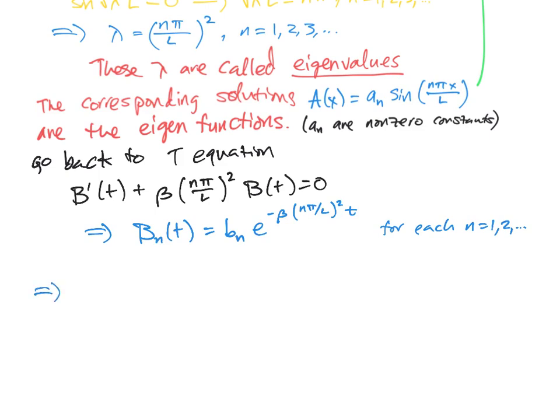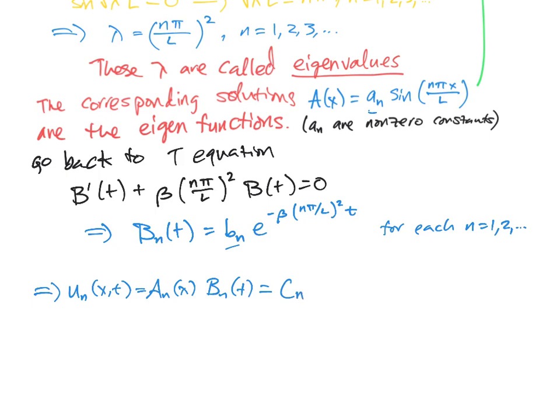Now, that gives us a solution un of x,t for each n, which equals an times bn. And we can combine the constants little a and little b into a single one when we multiply them together.